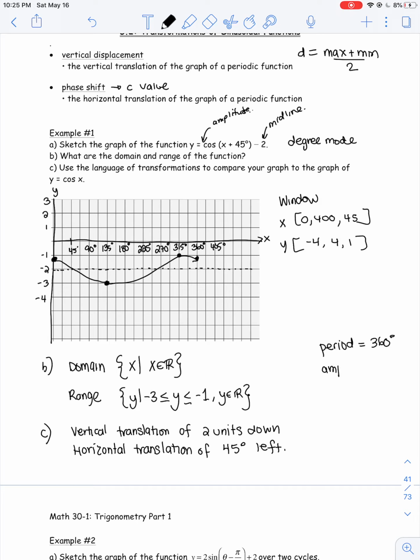And our amplitude is the value in front of our cos, which is equal to 1. So our height above and below that midline is, if you look at the maximum versus the minimum, it should be above and below that midline by a value of 1. Okay, so that's all we needed to do for this first graph.